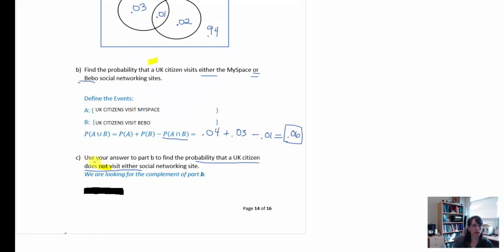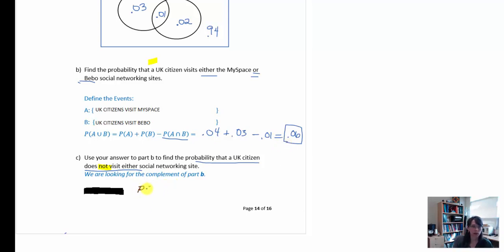For part C, it says to use your answer to part B to find the probability that a UK citizen does not visit either social networking site. The word "not" is a clue that we're looking for the complement. So we are looking for the complement of part B. If we know how many UK citizens are using these two particular social networking sites, we are looking for the complement of that union.